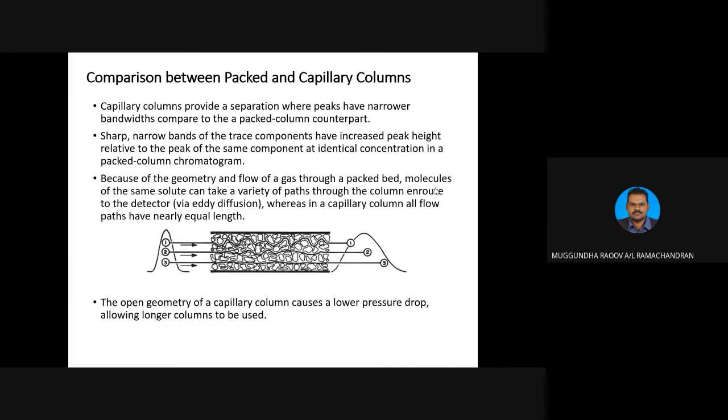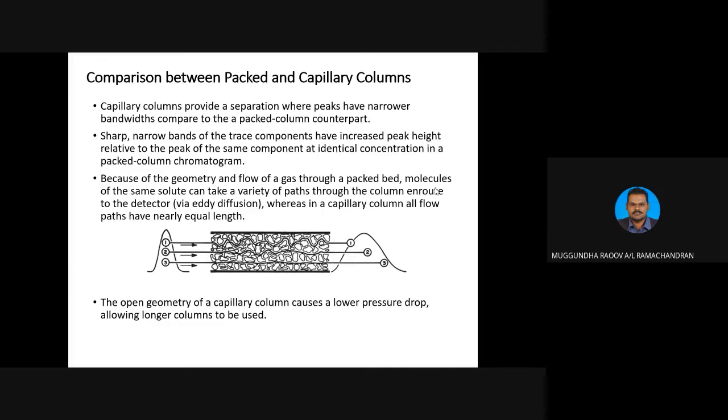In the packed column, because of the geometry and flow of the gas through the packed bed, molecules of the same analyte can take a variety of paths through the column en route to the detector via eddy diffusion. Okay, class. Whereas in the capillary column, all the flow paths have nearly equal length.